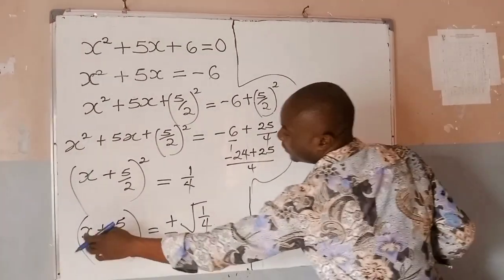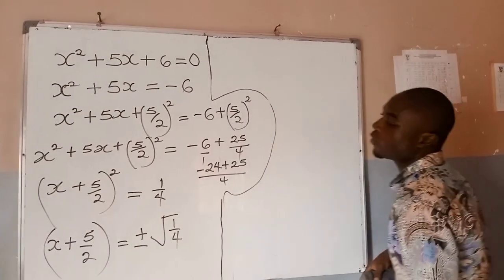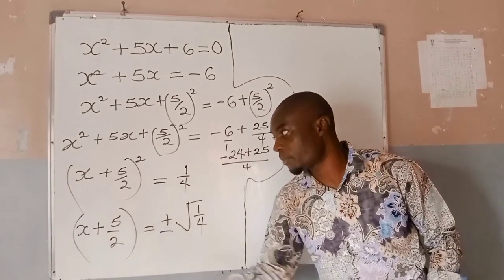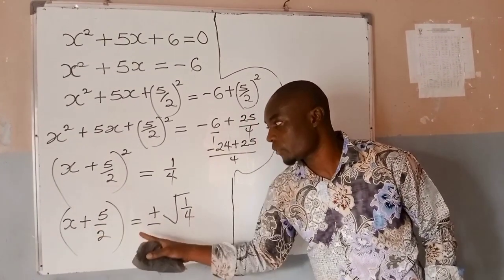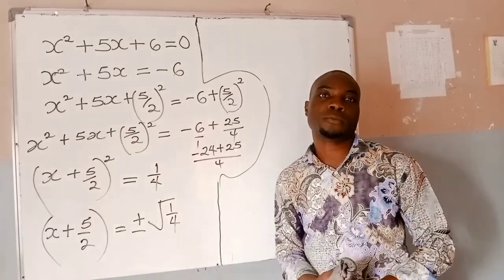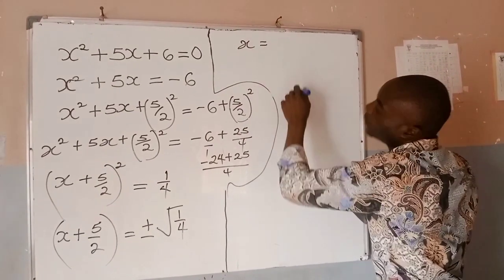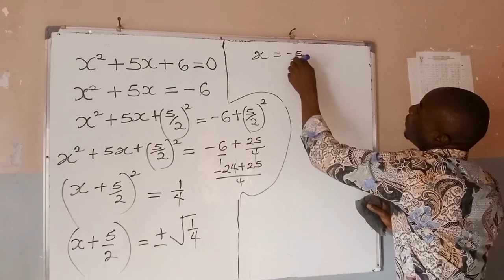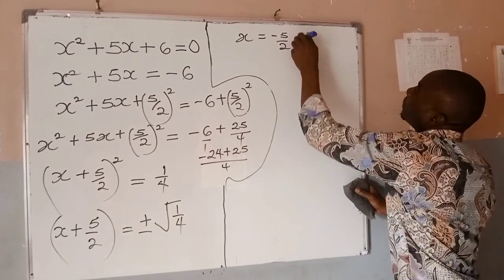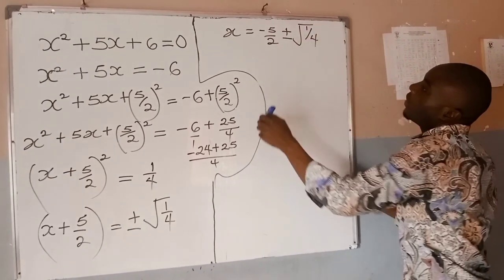In this case, we're going to collect like terms. We'll open up this bracket. So we'll have x is equal to plus 5 over 2 crossing to this side becomes minus 5 over 2. So we have x is equal to minus 5 over 2 plus or minus the square root of 1 over 4.